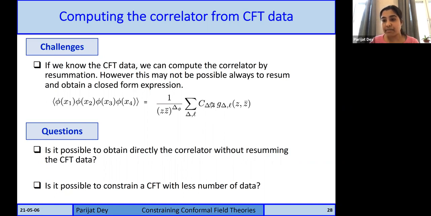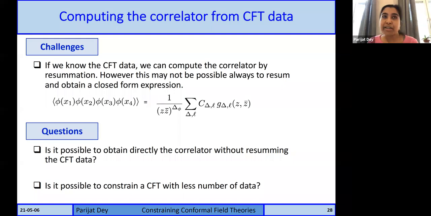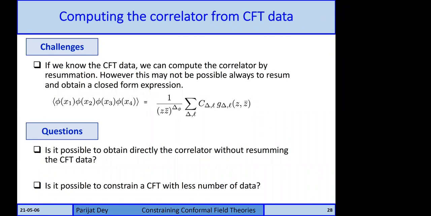So the C deltas you don't need to fix. No, I'm just asking whether you're perturbing around the CFT itself, like conformal perturbation theory. Yeah, I'm perturbing around, say, mean field theory. I will show it in detail. Okay, let's ask it later. Yeah.